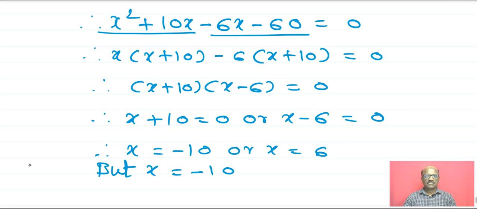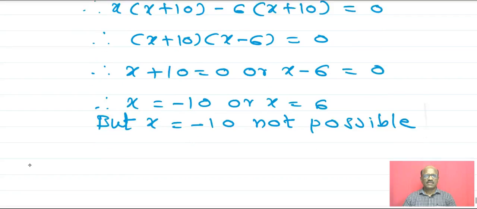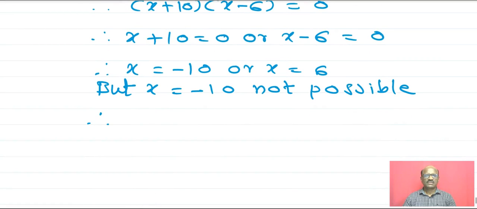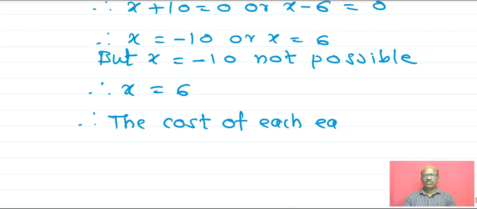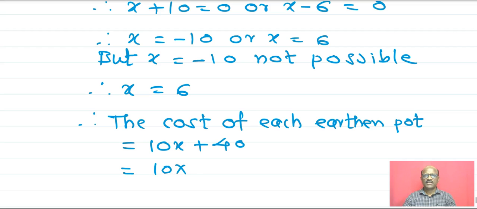But x equal to minus 10 is not possible, since x is the number of pots. Therefore, x equal to 6 is the number of pots. The cost of one pot is 10x plus 40, that is 10 into 6 plus 40, that is 60 plus 40, that is equal to 100.